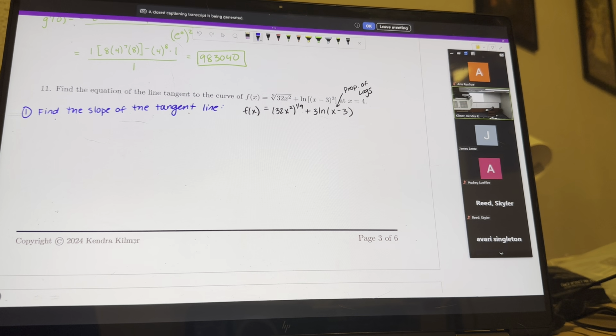So we need to find f prime of 4. All right, that's what we're trying to find. So we first need to find f prime of x. We see my function is written as a sum of two functions, so we can find the derivative of each piece and then leave the sign in between.